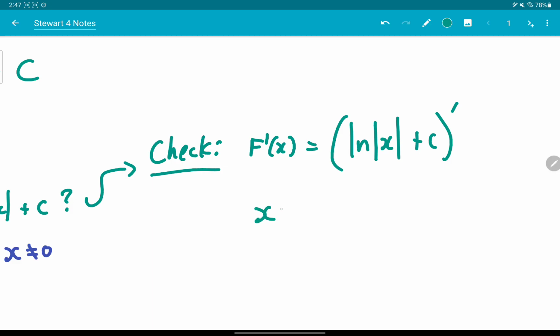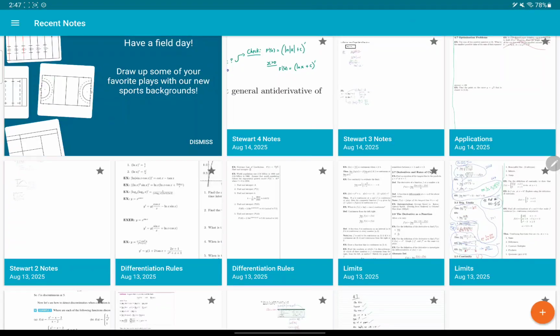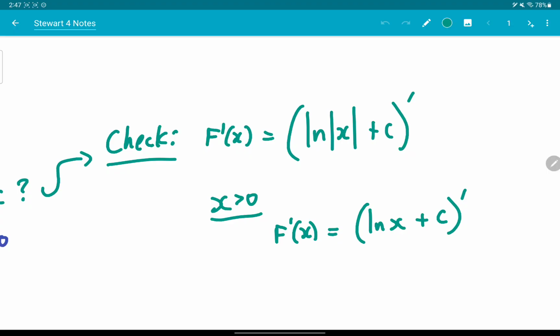So if x is bigger than 0, then f prime of x, you can drop the absolute value, because if x is bigger than 0, then this absolute value is redundant. I don't need it. So I get just 1 over x plus 0, and that is indeed correct. This does indeed equal just f of x.